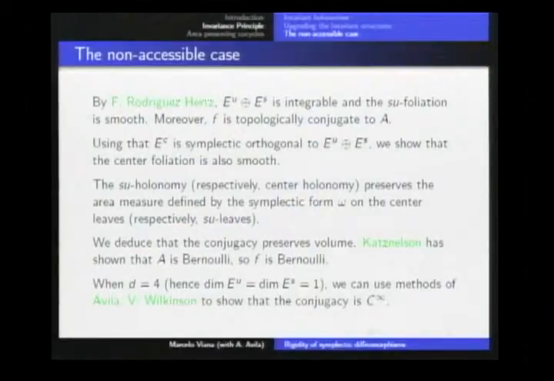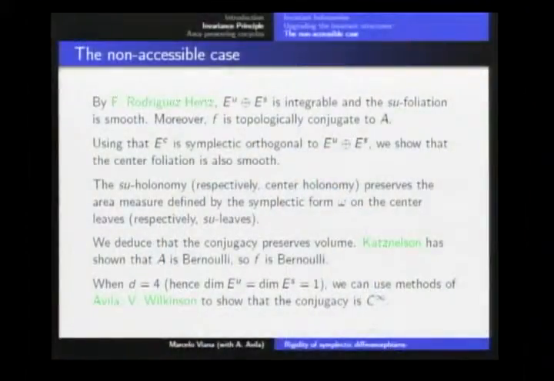What is specific to dimension 4 is this: in dimension 4, both unstable and stable are dimension 1, and in dimension 1 there are classical methods for upgrading the regularity of maps. Basically, it goes like this.